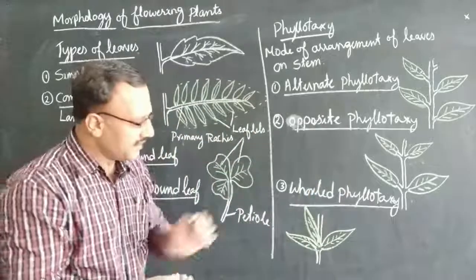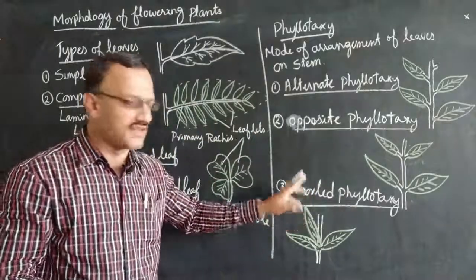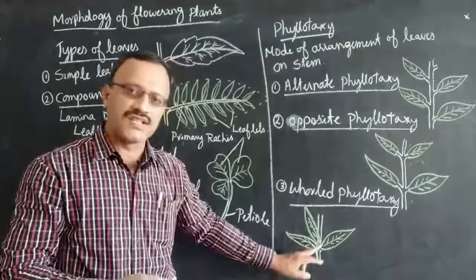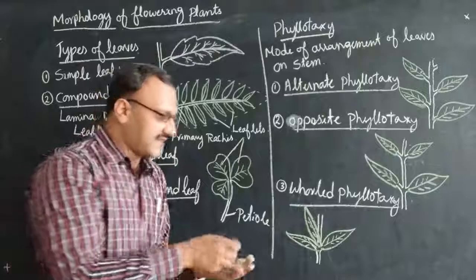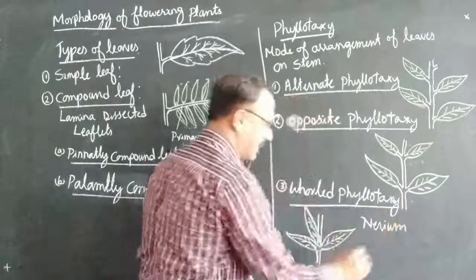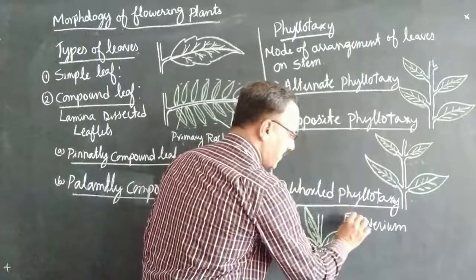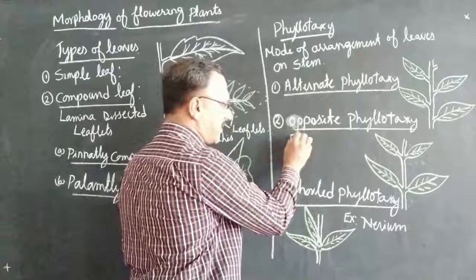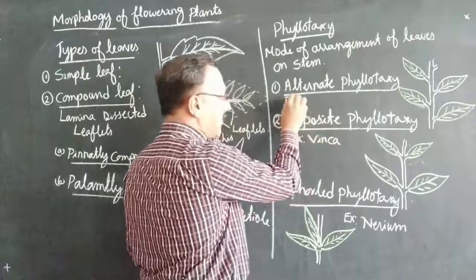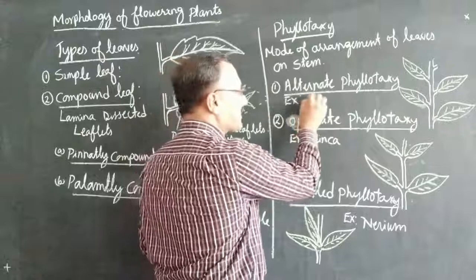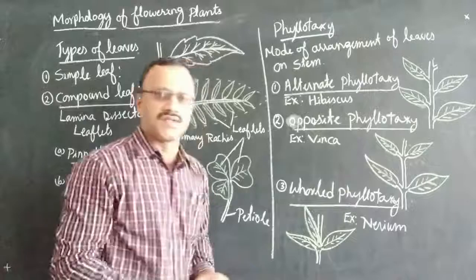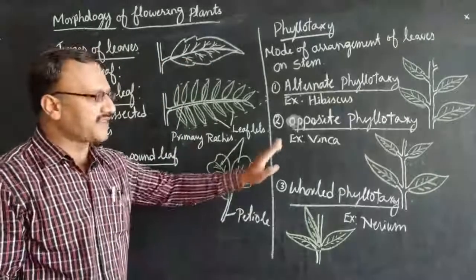This is called whorled Phyllotaxy, where the whorl of leaves covering the stem at the nodal region. Example for whorled Phyllotaxy is Nerium, whereas example for opposite Phyllotaxy is vinca. Example for alternate Phyllotaxy is hibiscus. So this is what we call Phyllotaxy for 3 marks.